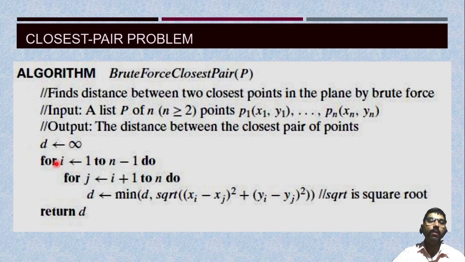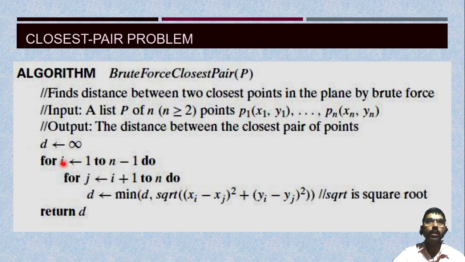Now I am starting from the first point to the last point here. The comparison of the points will be done from the first point, the very left side, to the right side of the points. Now this j is used for pointing to the remaining points other than point i.